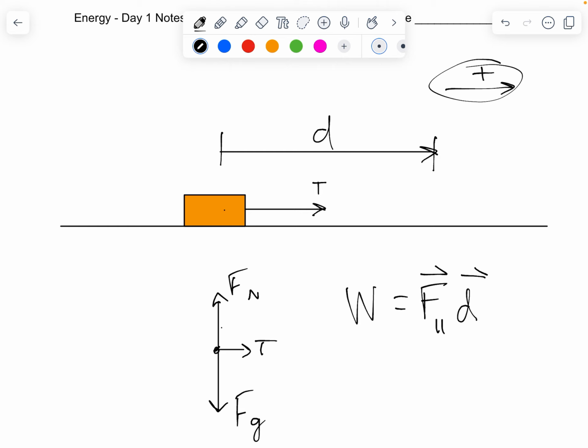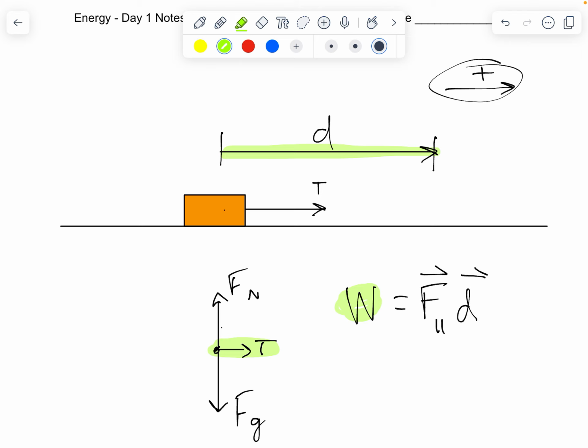And we would only consider work to be done if the force is parallel to the displacement. So if the displacement is going to the right, or I should say in the x direction, then we only care about the force going in the x direction, which is the tension force in this example.